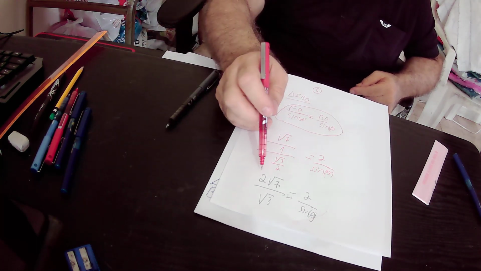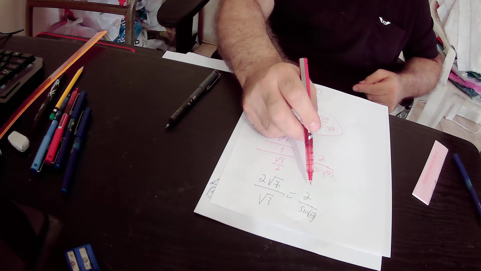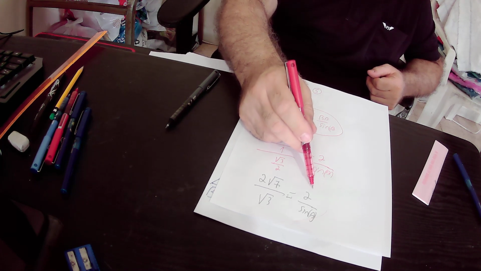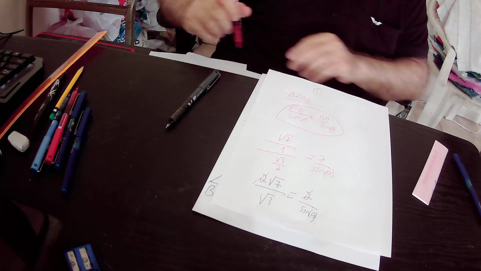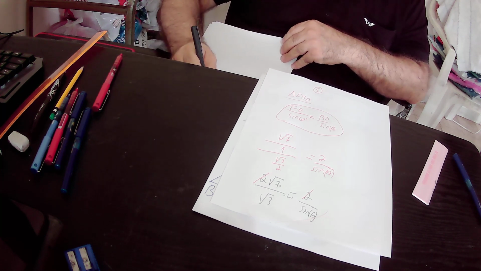Here we have 2 in the numerator of this side of the equation, and we have 2 in the numerator of the other side of the equation, so we can cancel 2.